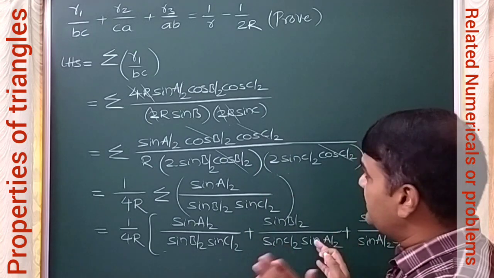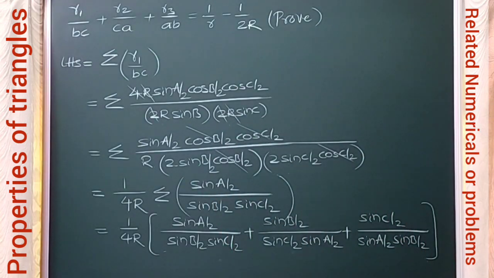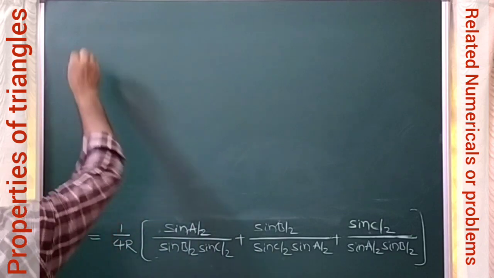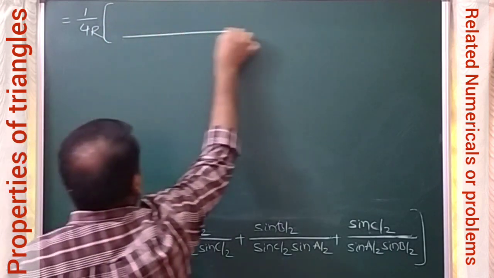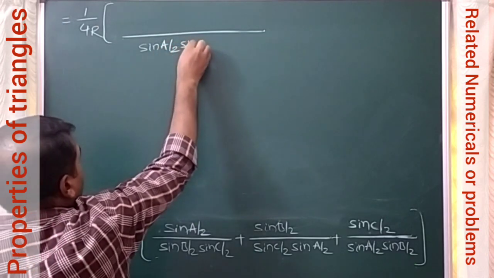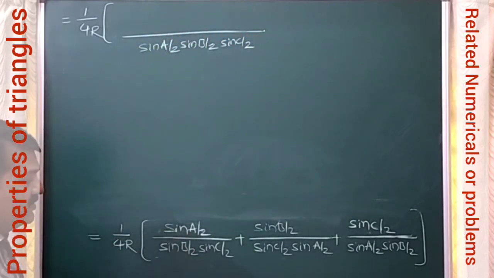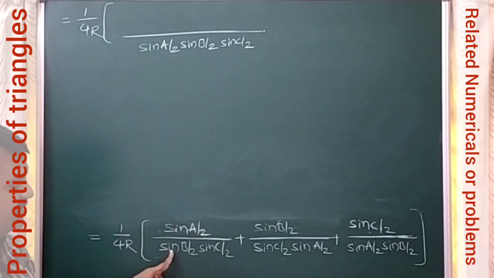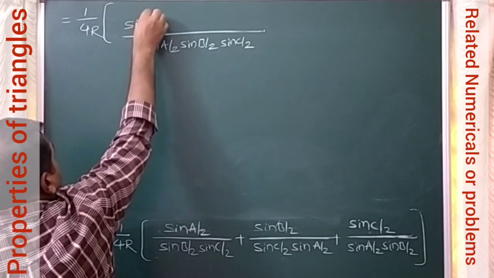So continuing from this step, if we take the LCM for the denominator part, sin A by 2 sin B by 2 sin C by 2 is the LCM. Now for the numerator, the first term: sin A by 2 into sin A by 2, so sin square A by 2.